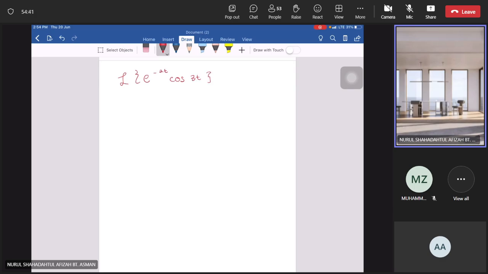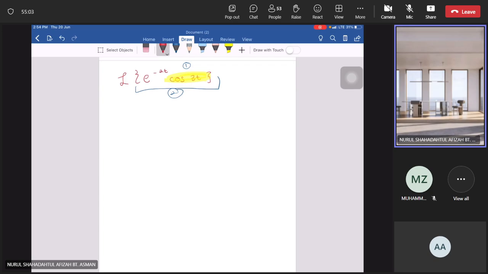So this is the Laplace transform. You need to find the first theorem. So our first function, as I mentioned, you need to find this one first. After that, second, the combination.